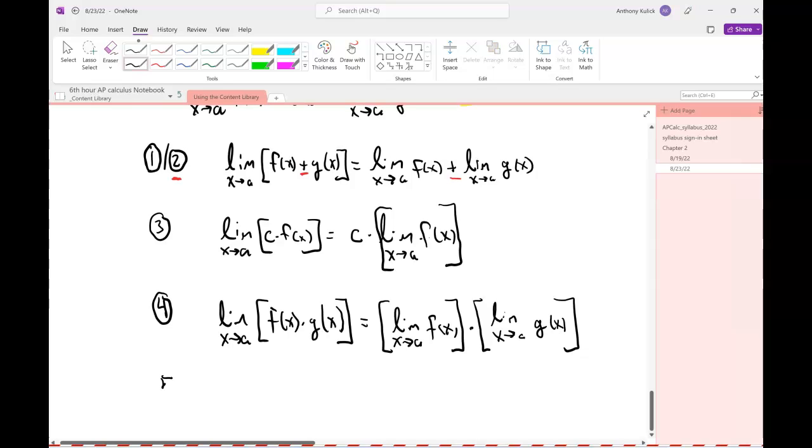If you can do this for multiplication, obviously we can do this for division, right?